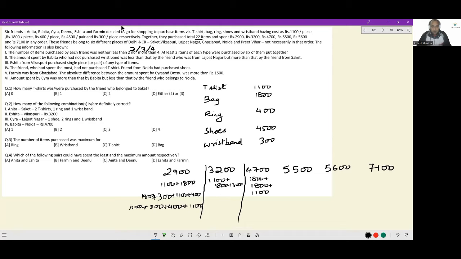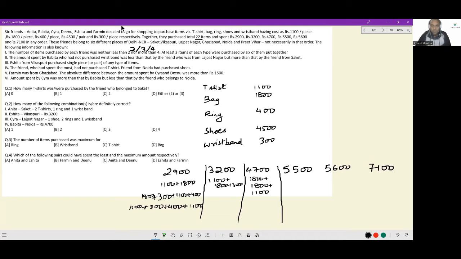If I have 3 items, the average price would be 1500 something. For 1500 something, 18 and 11 seem to be good numbers. If I have 4 items, the average price would be 1100 something. If I have 4 items, I get 1100, 1800, 2900 already done. Then I get one more 1100, I get to 4000, but I can't get to 700 more. In order to get to 700 more, I need 2 items, which is not possible. So this is the only case for 4700.